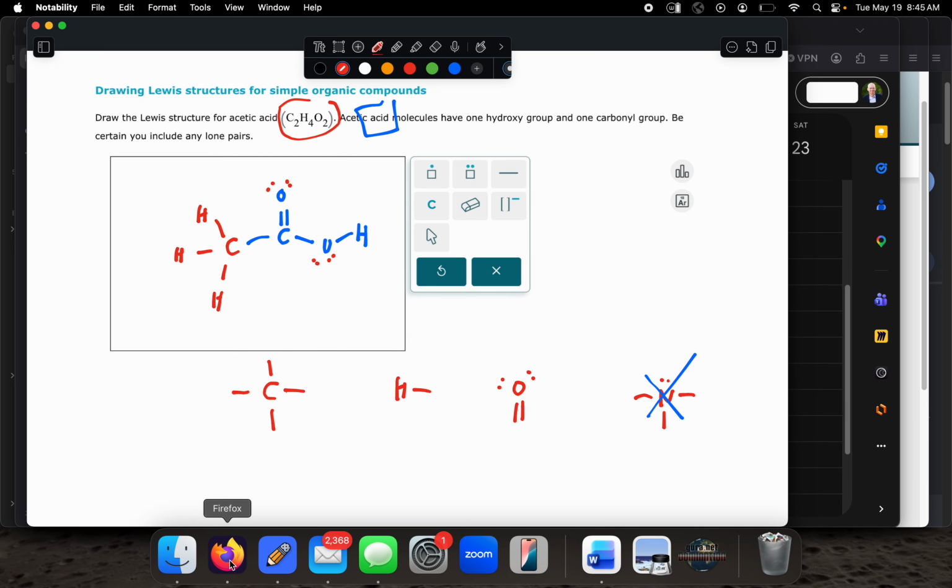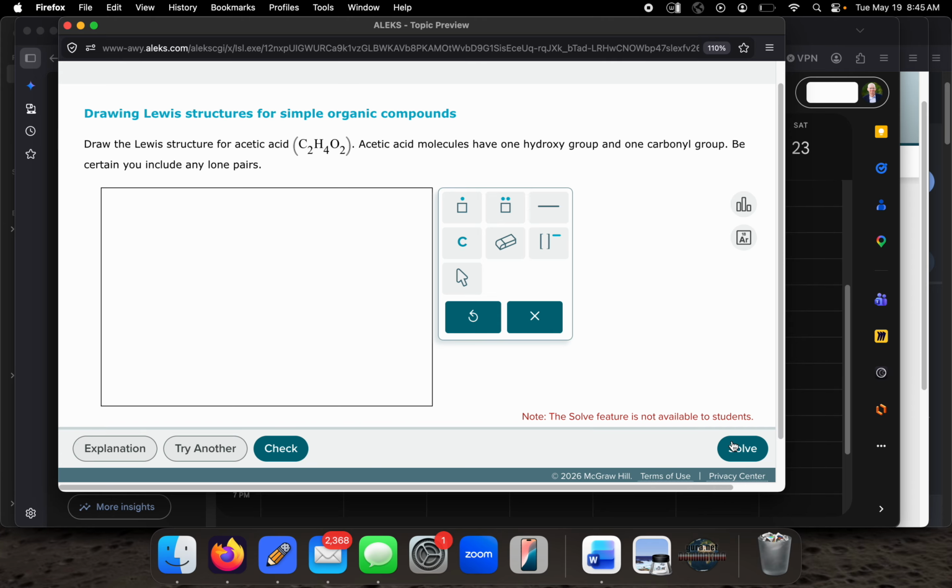So let's go back over to the structure. I'm just going to click carbon, carbon, make that a double bond, oxygen, oxygen.